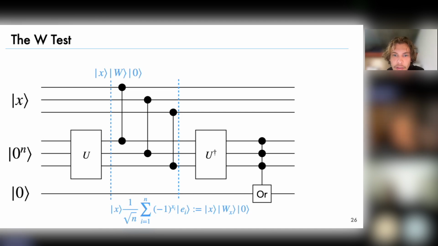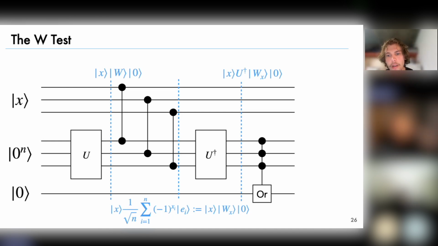If x_i is set to 0, then of course the CZ gate won't fire. But if x_i is set to 1, then we're going to pick up a phase exactly on this branch where the ith bit of the W state is 1. I'm going to denote this state with these phases now as W_x. And finally, we're going to apply the inverse W state preparer, and we're going to be left with the state which is like X, 𝖢0 W_x, 0.